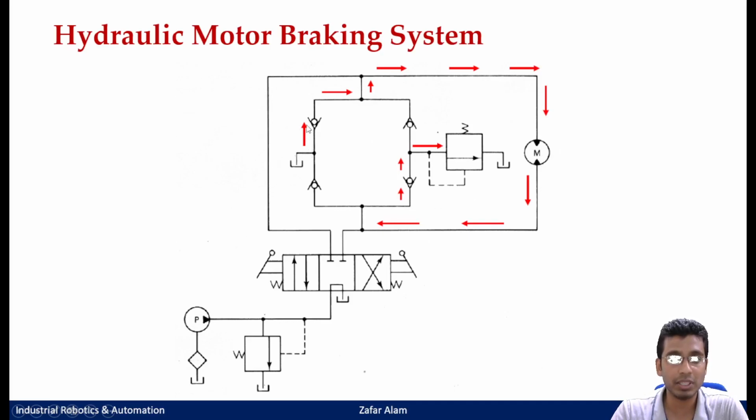Suction would start from here, go all the way to this, come here, and from here it would go all the way like this. This is a check valve, so it can come through this, but it cannot go this side.